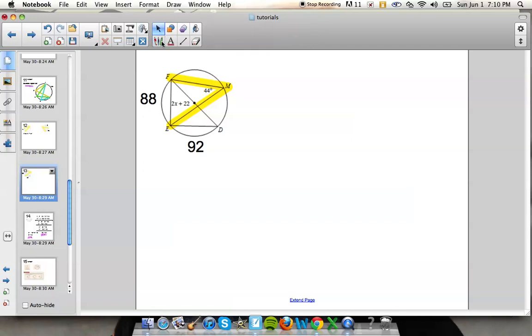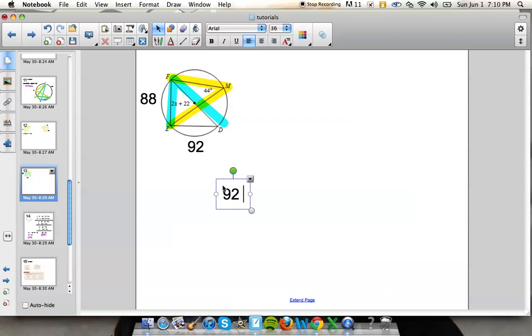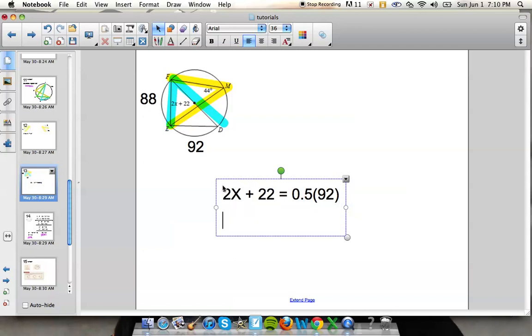Now, notice that this is also an inscribed angle right here, and that arc is 92. So remember, the angle 2x plus 22 equals 1/2 the arc. Well, half of 92 is going to equal your 2x plus 22.